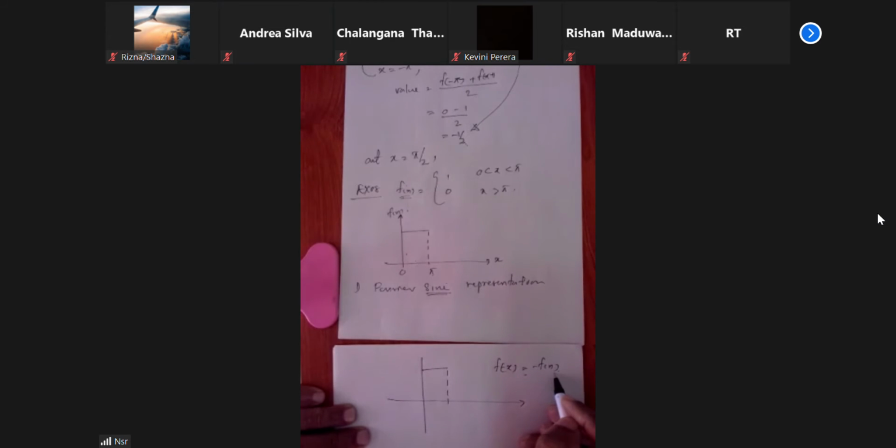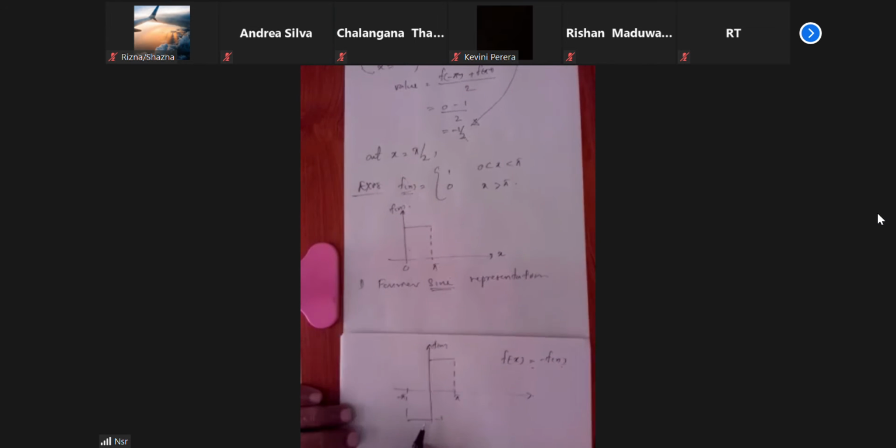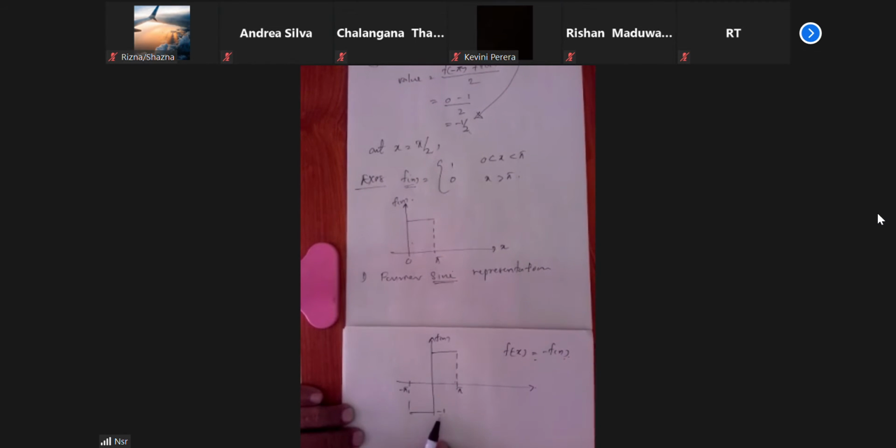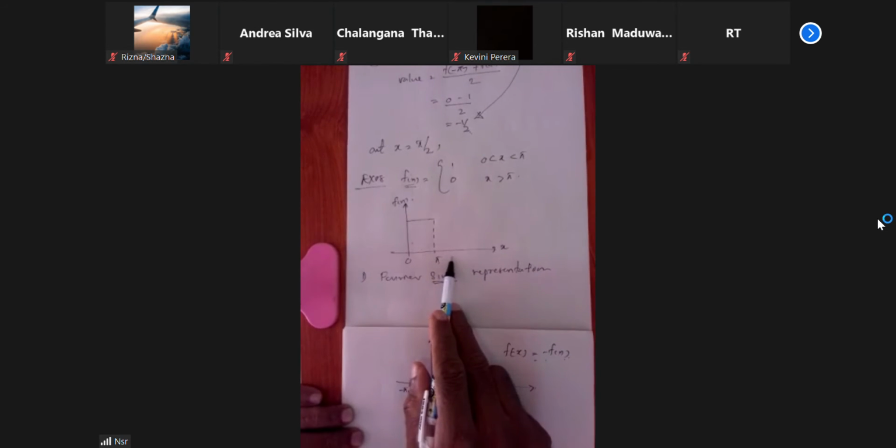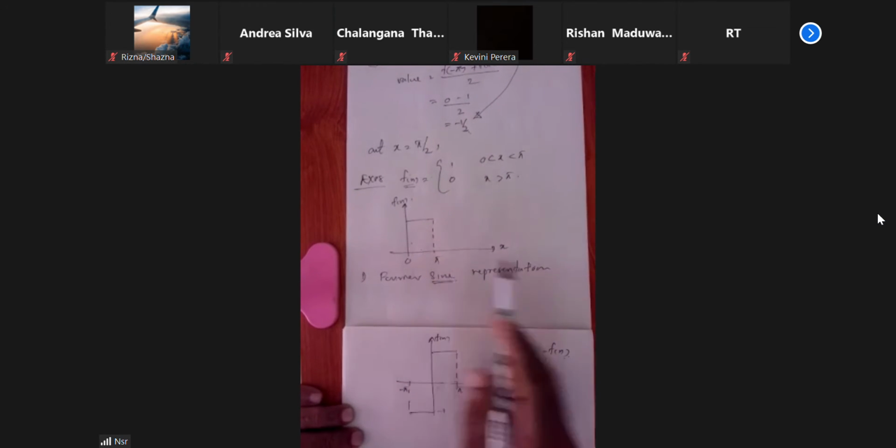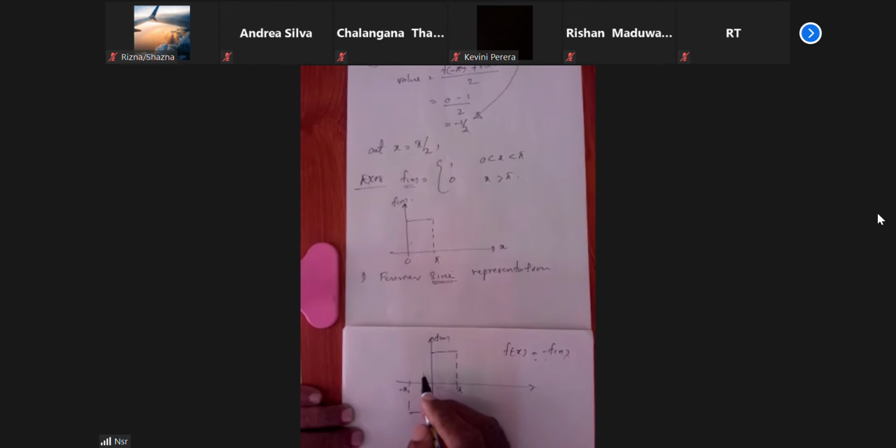That should be satisfied for this function. So this is the given area with the given function. Here, I extend from pi up to minus pi for minus 1. Now you can see that if we extend this function, it exactly satisfies this condition. Clear now?